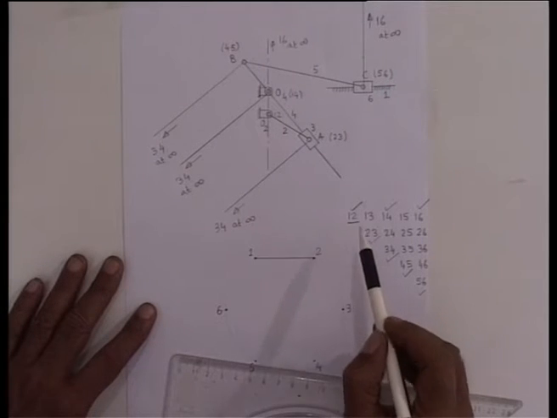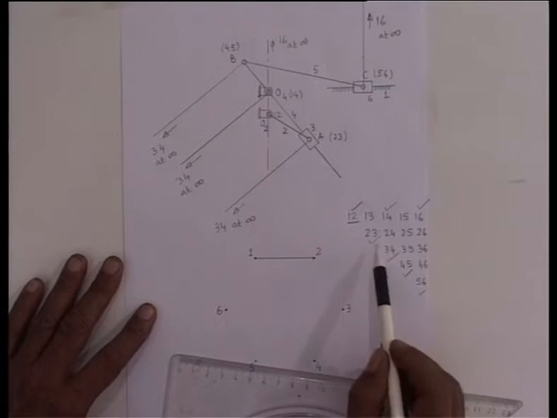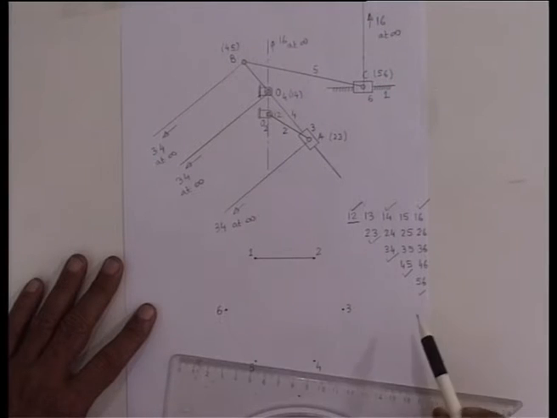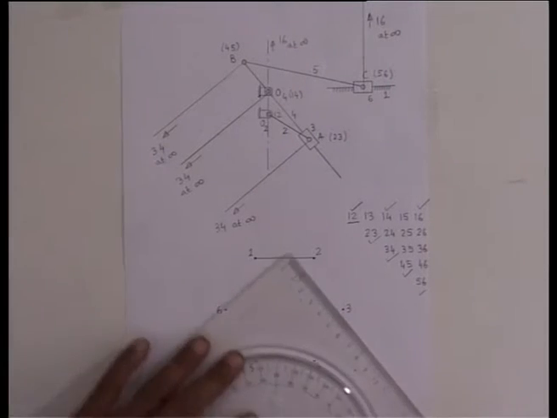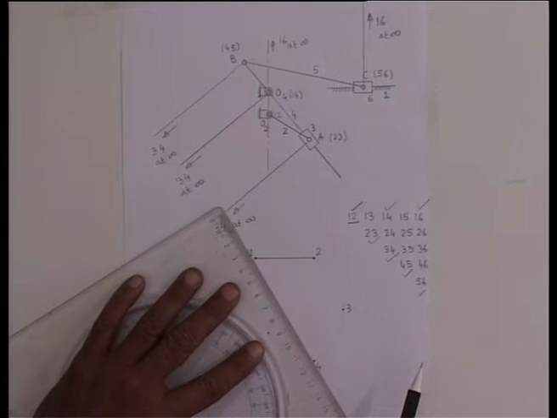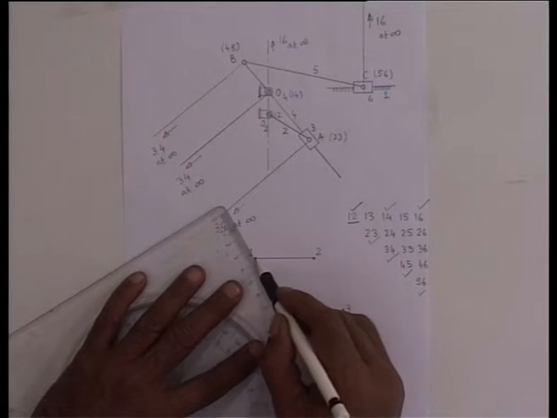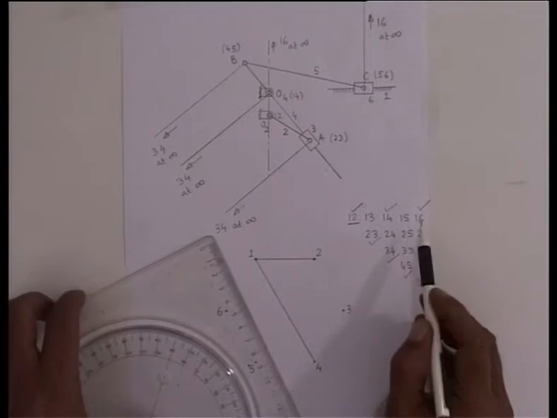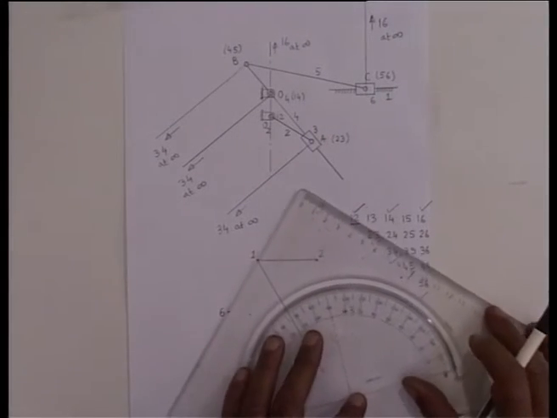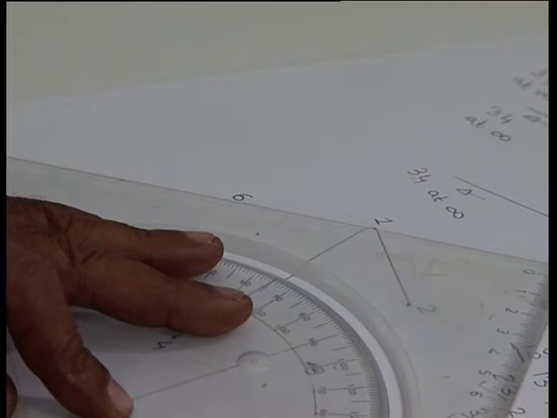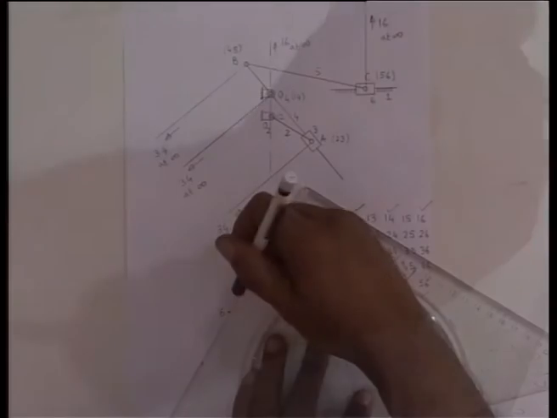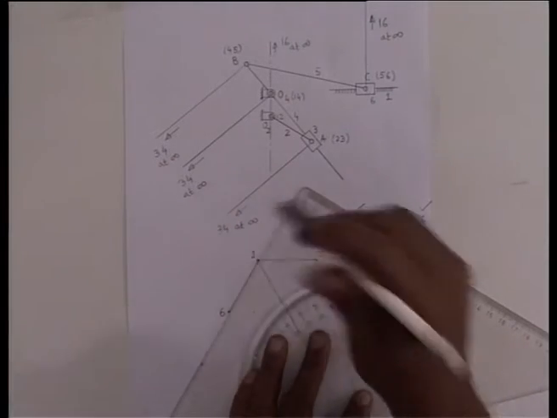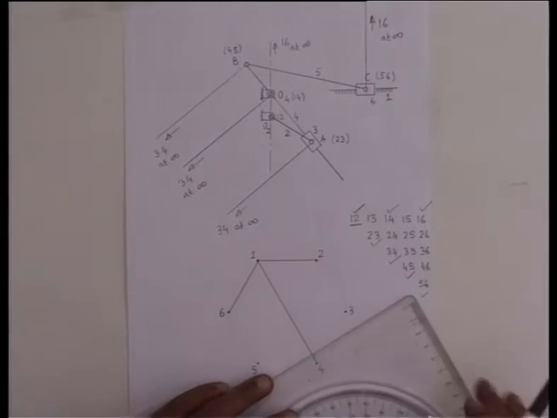So, let us draw all these 7 relative instantaneous centers that we have already determined. We have determined 1 4. So, I join 1 and 4. I have determined 1 6. So, I join 1 and 6, 2 3.